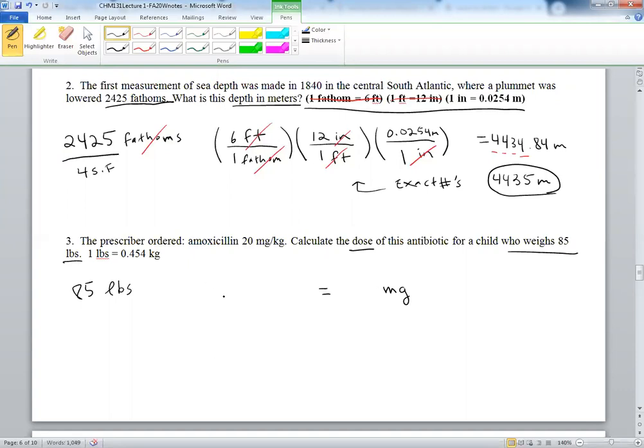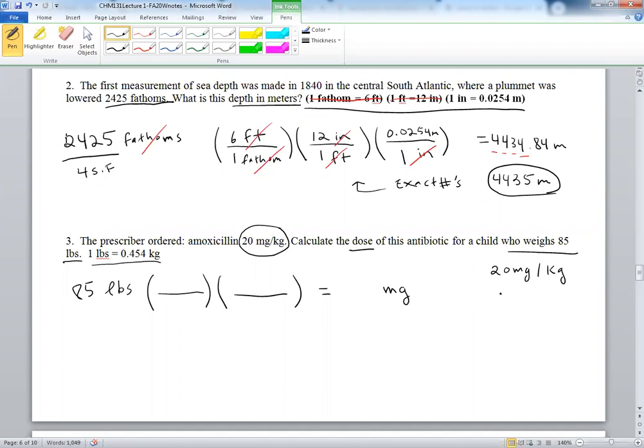Okay. So let's begin. I have 2 conversion factors here. You might have thought, oh, I only have 1. So here's the first one. And here's your second one. So we already talked about this one, but a word about this. If it says 20 milligrams per kilogram, you are free to simply invert this any way you want.